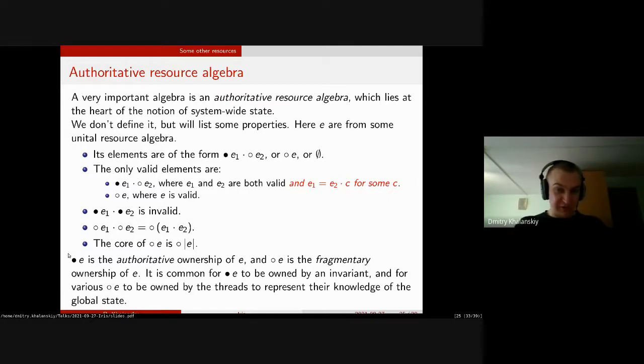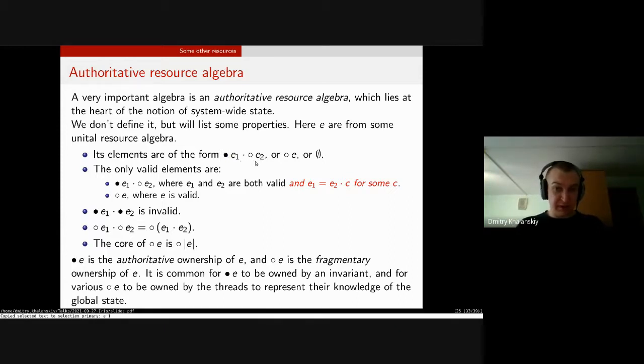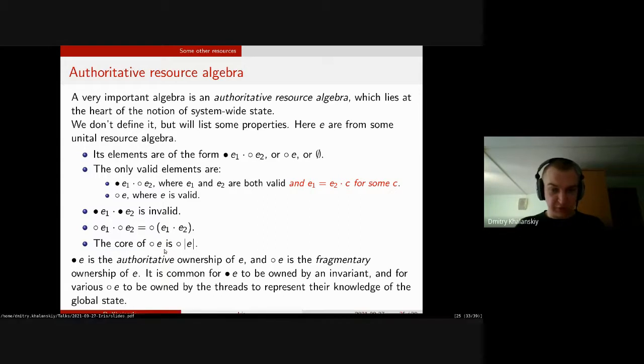What does this resource algebra do? First, it is parameterized by a unital resource algebra, which is important. And here we see E1, E2, some E. These are the elements of the resource algebra that the authoritative resource algebra is parameterized by.